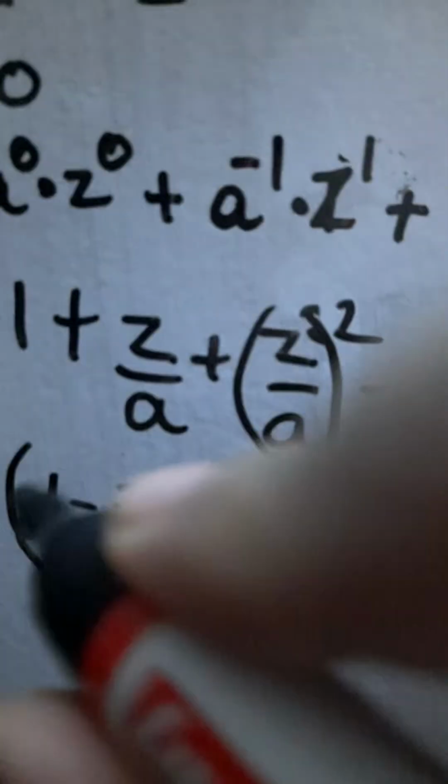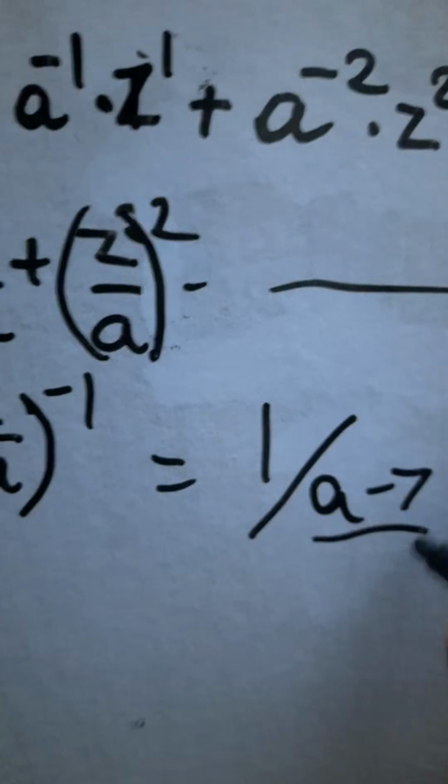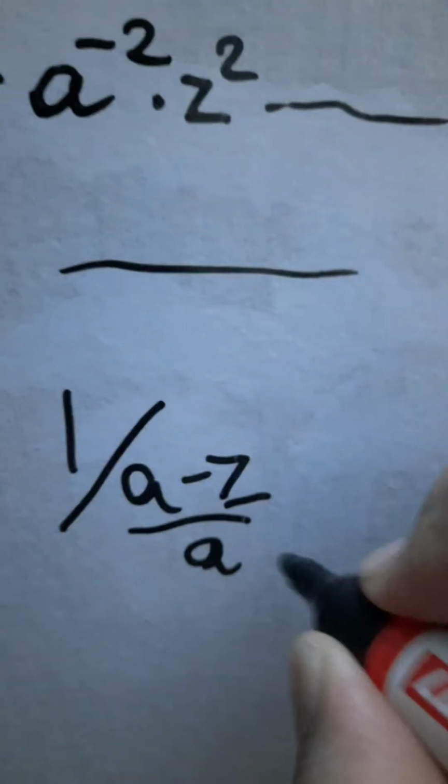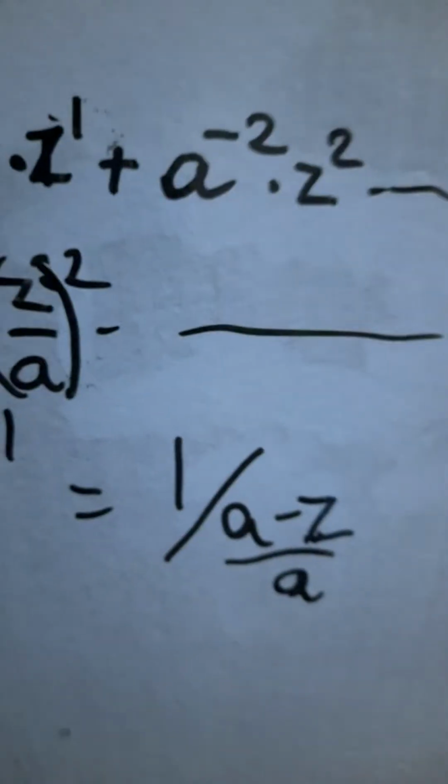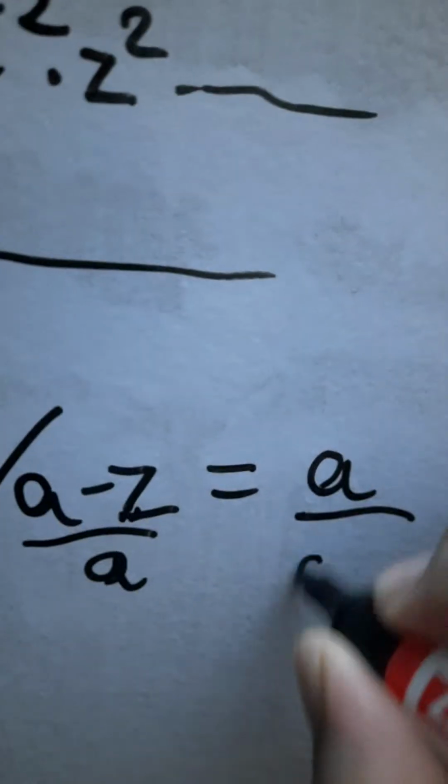So it would be 1 by (a into 1 is a, 1 into z is z, so) a minus z over a. The denominator should go in the numerator. So it is a by a minus z.